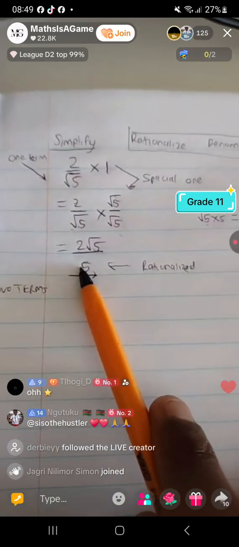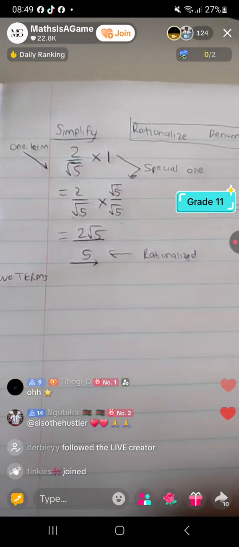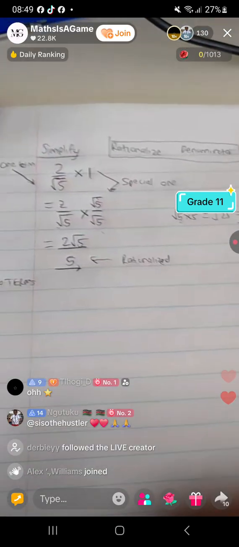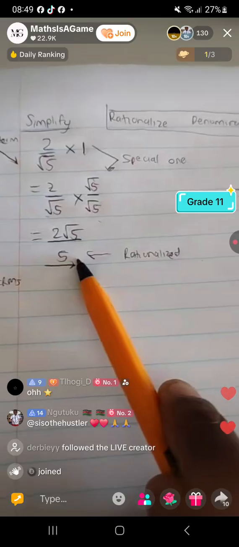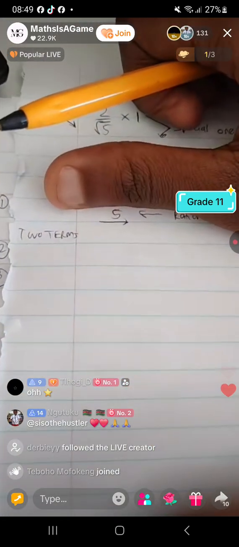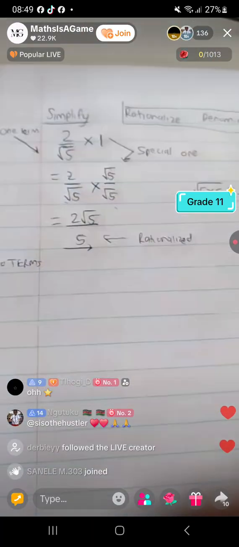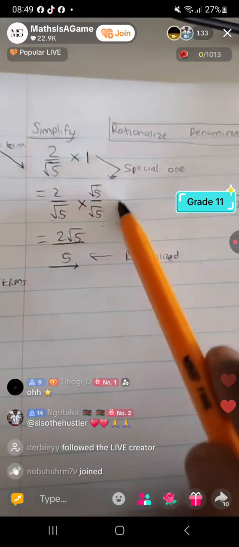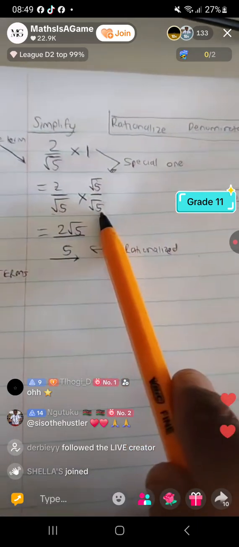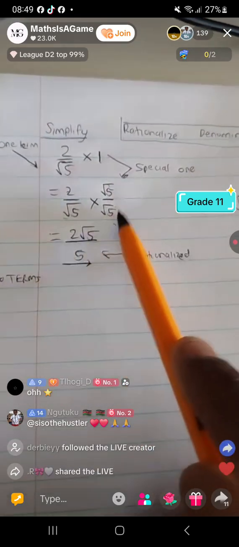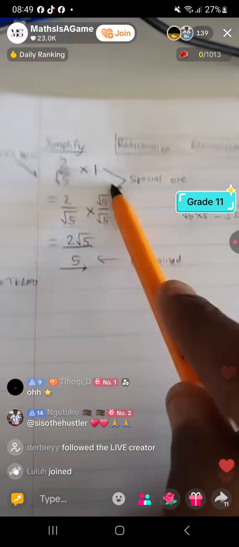What is a rational number, guys? A rational number is a number that can be expressed as an integer, and 5 here looked at alone is a rational number. So we've rationalized the denominator using this special one. If it was root 7, we were going to say root 7 over root 7.